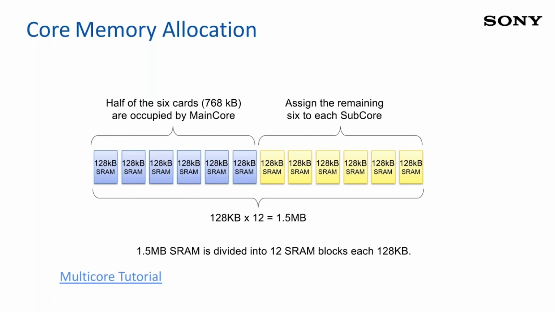We dedicated 6 tiles to the main core. Why? Because you are doing audio codec there, you need memory, so that's half of it, and the rest goes to your subcores. So you can dedicate 2 of these tiles, or 3 of these tiles to your specific subcores, or you can just have 1 memory tile dedicated to a subcore.